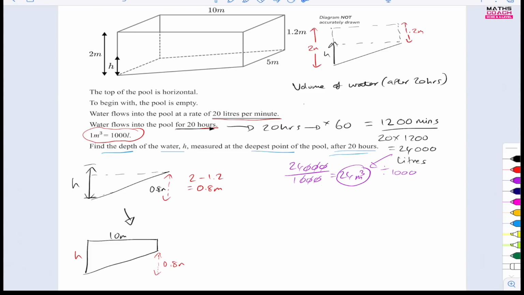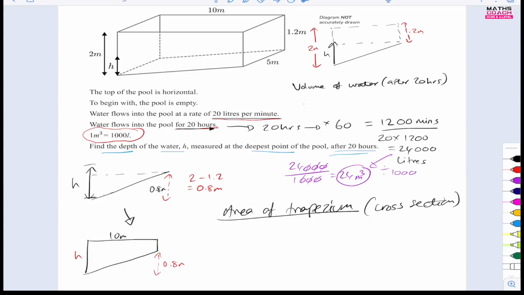All right, now how do I work out the area of this trapezium? So area of trapezium, which is our cross section of our 3D shape. Okay, right, so area of a trapezium is the 2 parallel sides, this and that, divided by 2 times by the height, okay, which is 10. So what is this length right here?